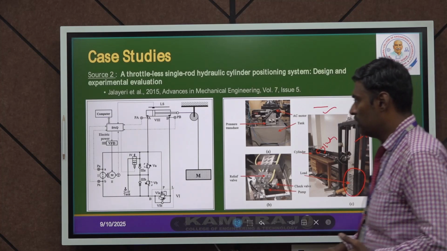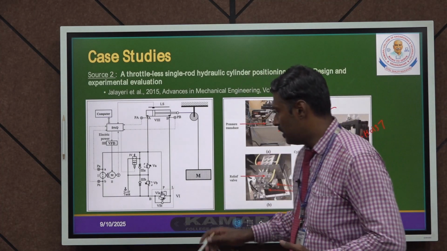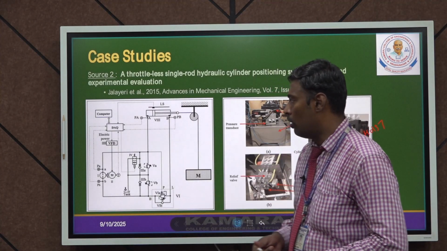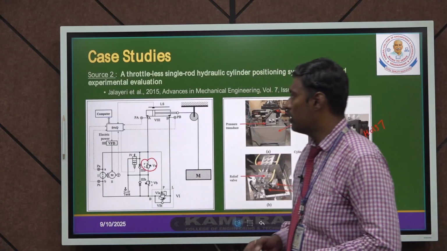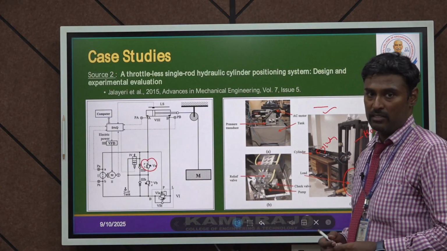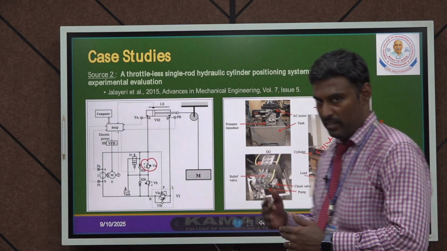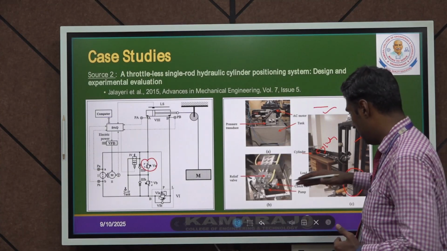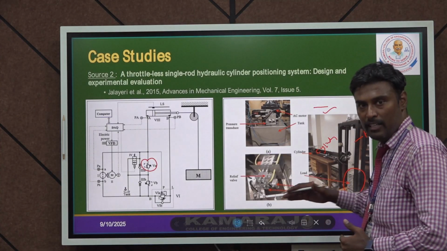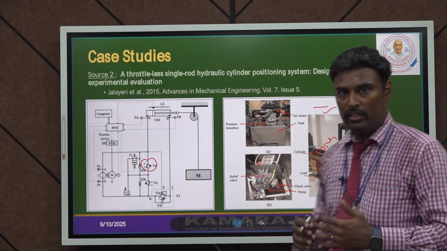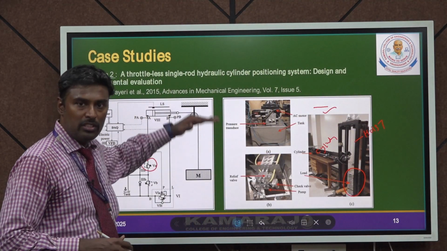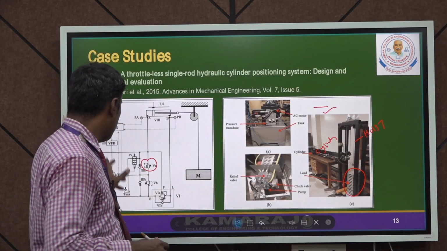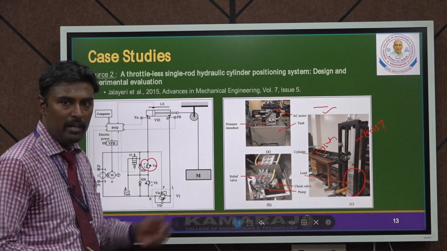Based on this, they have used a counterbalance valve. So this valve is known as the counterbalance valve. By applying this counterbalance valve, they achieved very accurate positioning of the entire setup without the need for any throttling valve.